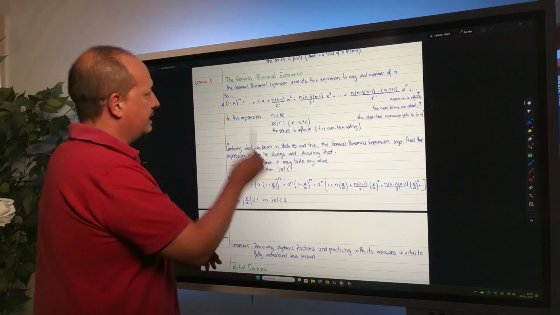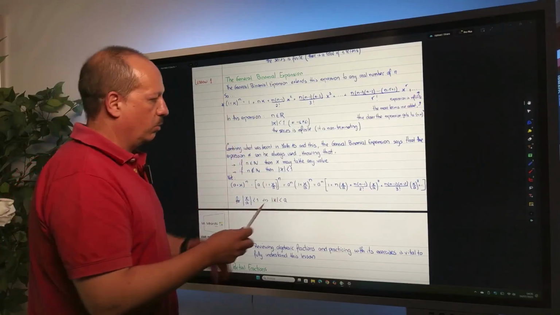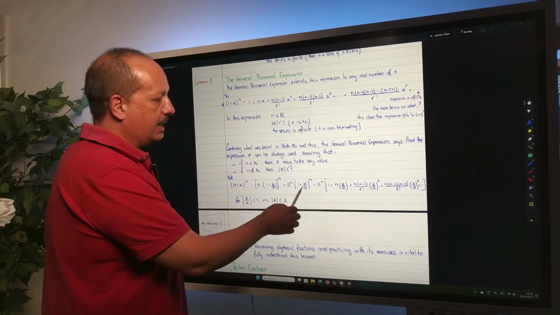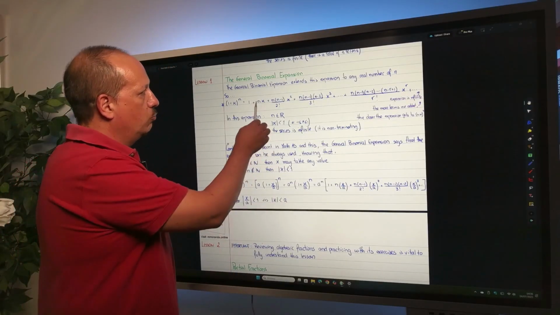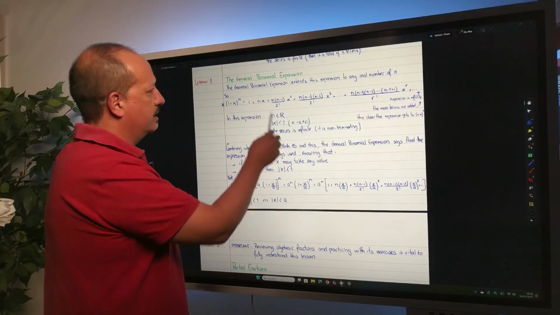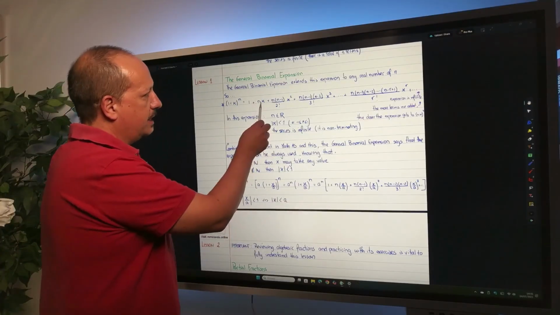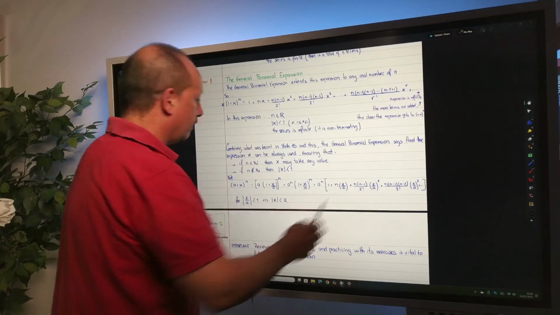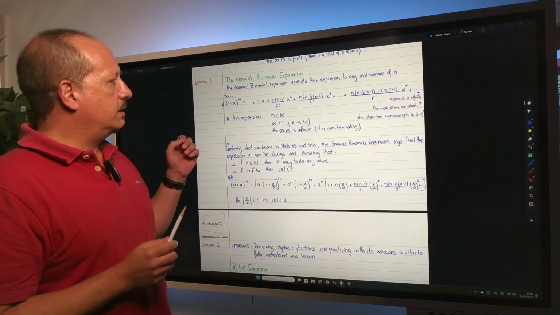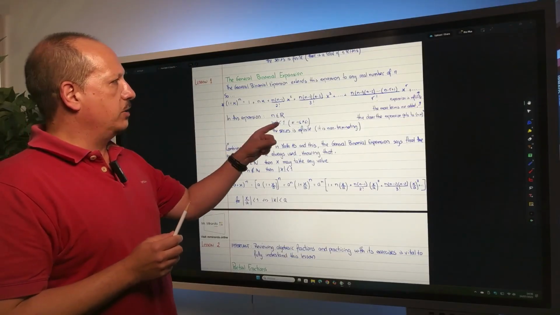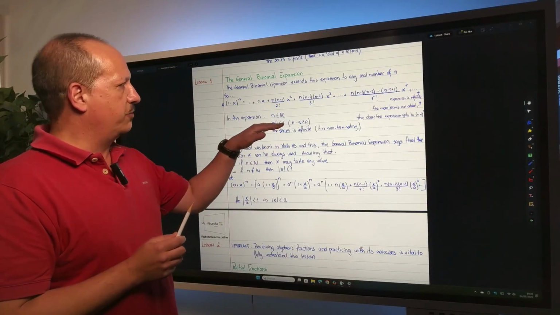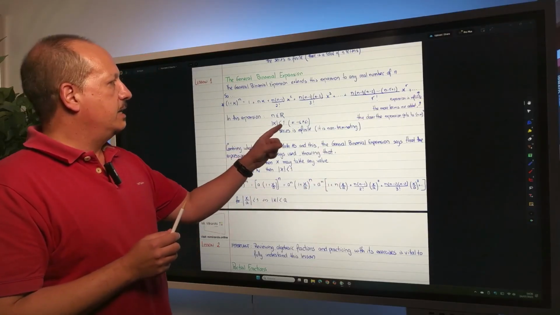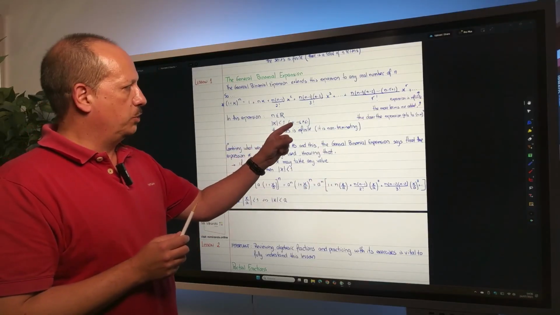The difference is that instead of just having x, or whatever letter that you use as the unknown, you will have x over a, but the rule still applies. If you compare this to that, it's the same thing, but instead of x, you just have x over a. Okay? And the range of values for which this expansion is valid when you have x over a instead of just x is not going to be anymore between -1 and 1.